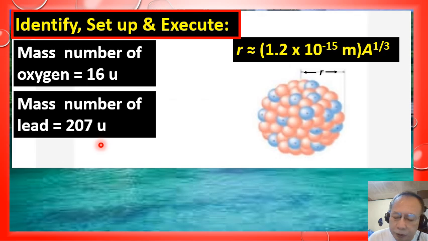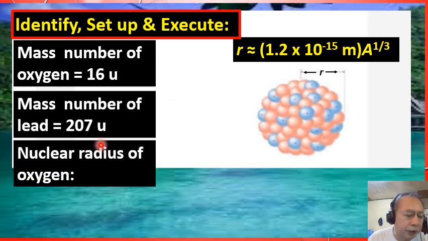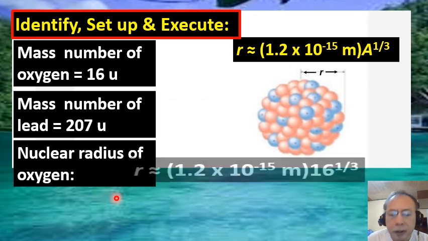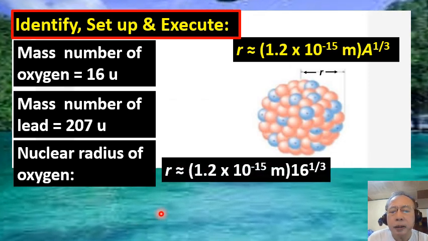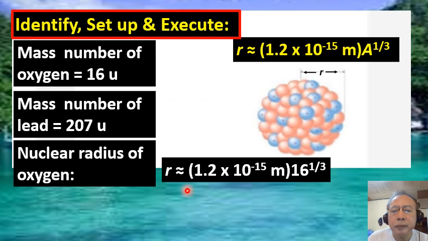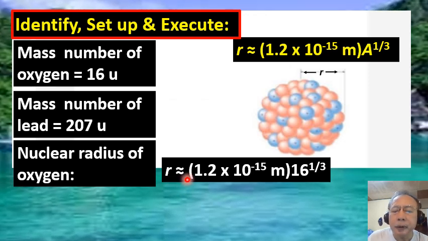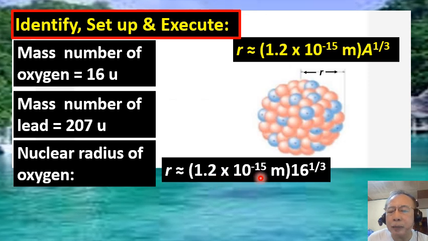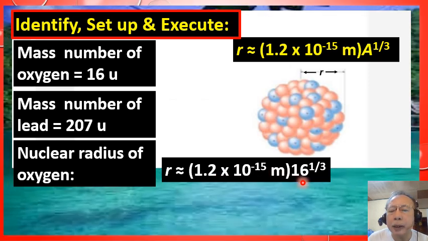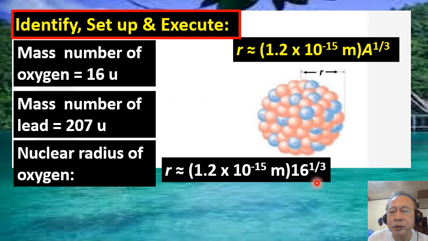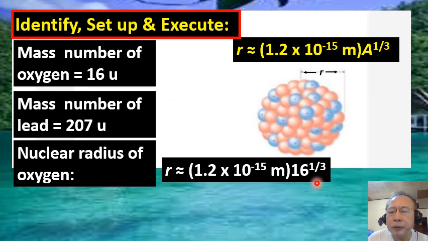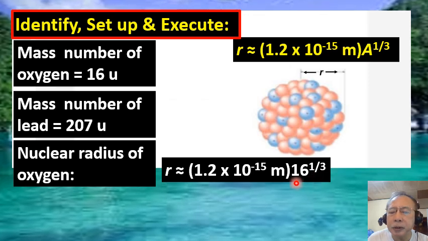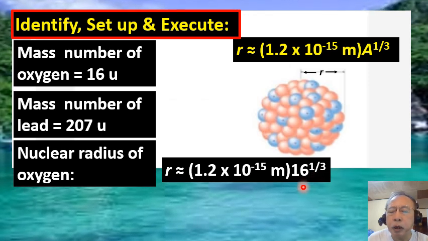Hence, the approximate nuclear radius of an oxygen atom is equal to R approximately equal to the constant 1.2 times 10 to the negative 15 meter multiplied by 16 raised to the 1/3 power, or that simply means the cube root of 16.